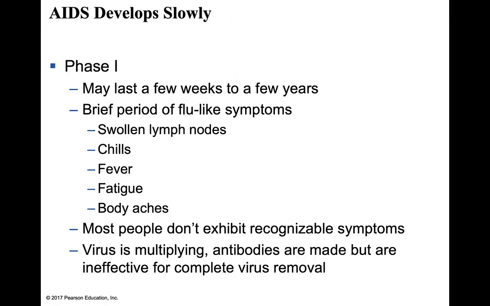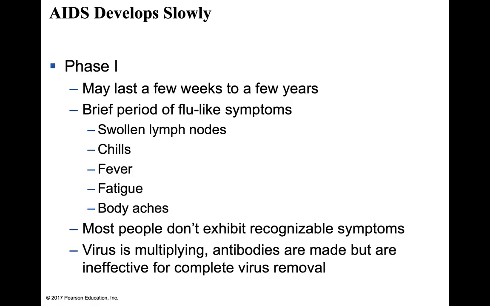Now, AIDS has a number of phases, and it is a disease that's known for developing slowly. Phase 1 can last a few weeks to a few years. Originally, there are some flu-like symptoms, very characteristic of most viral infections. Then they'll start to see swollen lymph nodes.